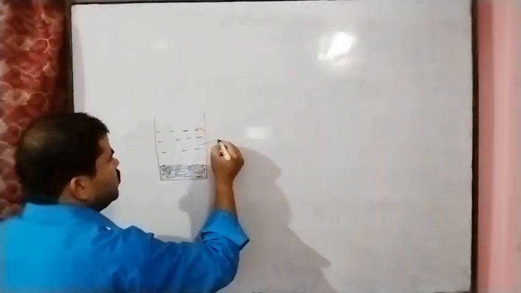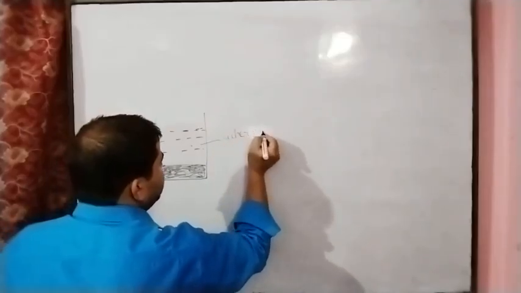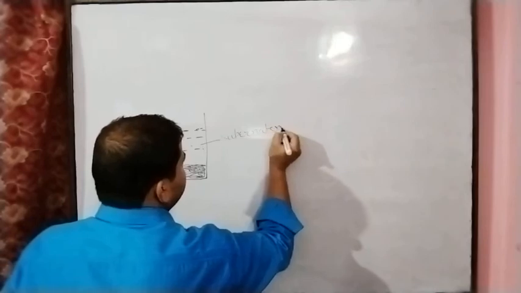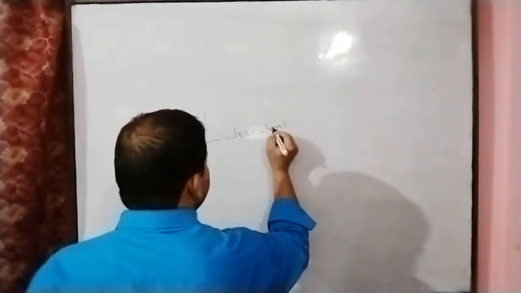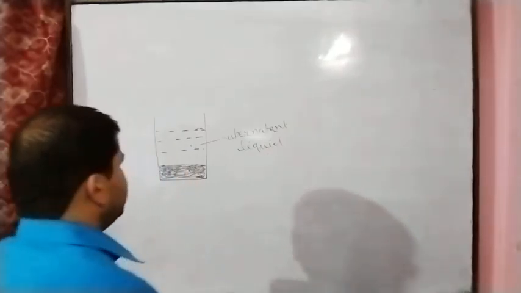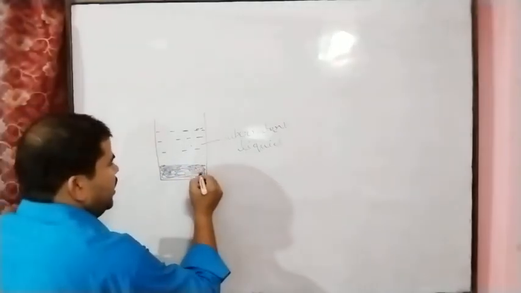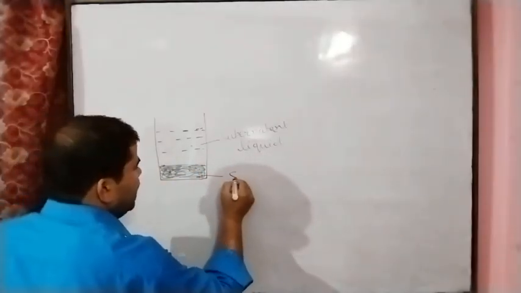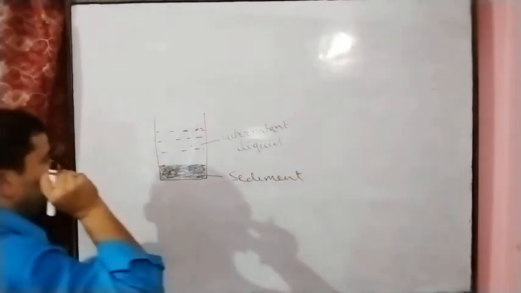This liquid is called the supernatant liquid, and the sand particle layer is called the sediment.